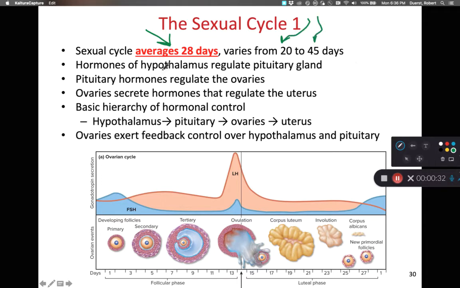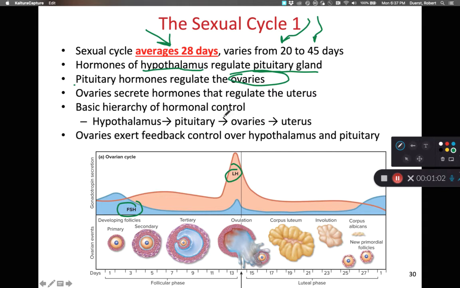As we look at this cycle, the hormones from the hypothalamus, particularly gonadotropin-releasing hormone, help to regulate the anterior pituitary gland. Those pituitary hormones, notably luteinizing hormone and follicle-stimulating hormone, are then in turn going to travel to the ovaries. And the ovaries are going to release hormones in response that will regulate the uterus. Those hormones include estrogen and progesterone.